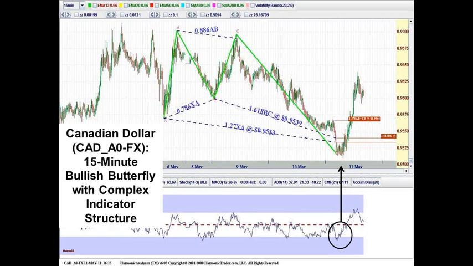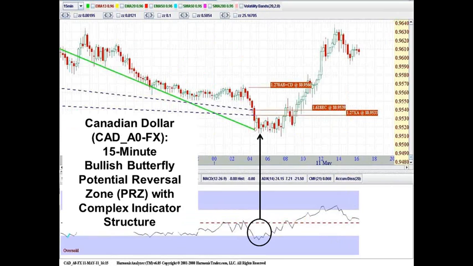Looking at this chart of a Canadian dollar, we see a bullish butterfly on the 15-minute with a complex indicator structure. Looking at the price action in the potential reversal zone, we see this bullish butterfly was completed at the same time the RSI reading tested the oversold area.